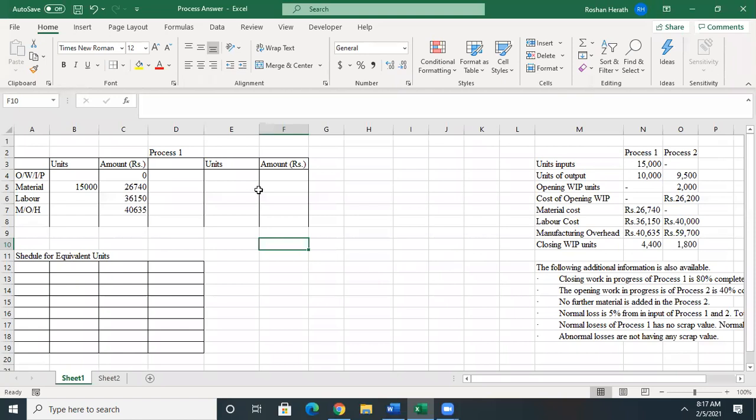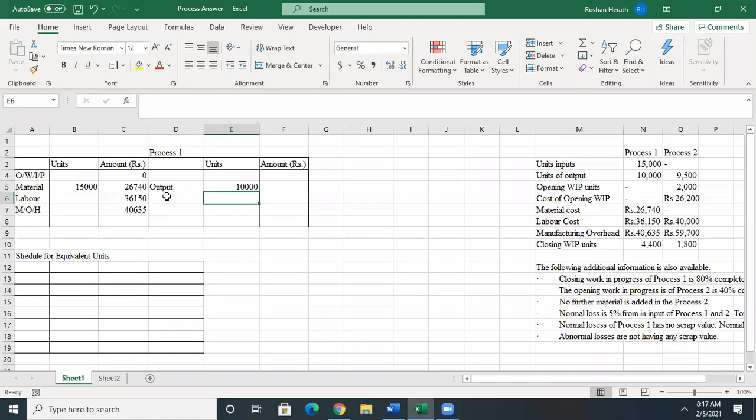Then let's look at the other part. It's about the output, the finished goods. Since we have two processes, let us take it as output. It's 10,000.